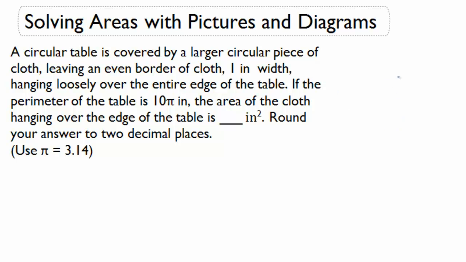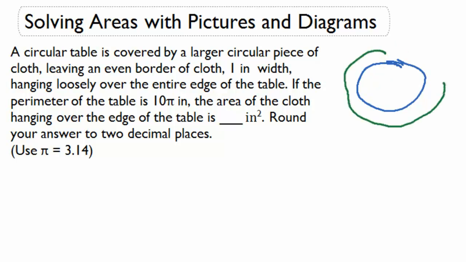So, if we use a picture to make this a little easier to see, we're going to have a round table. This round table has a perimeter of 10 pi inches. And then, if we're looking at this table from the top, we're going to have this piece of cloth that goes all the way around, more evenly than I'm drawing it obviously.